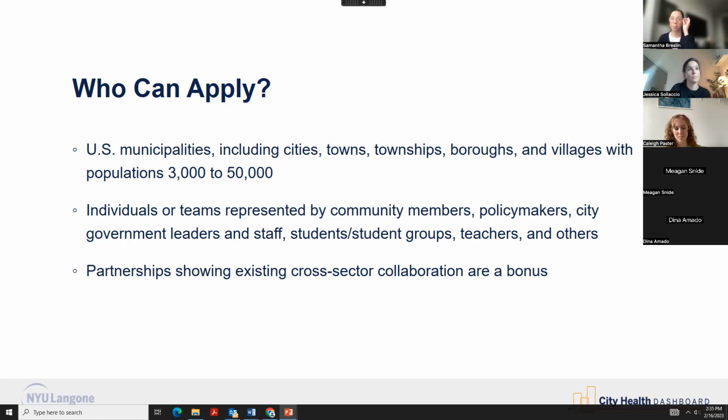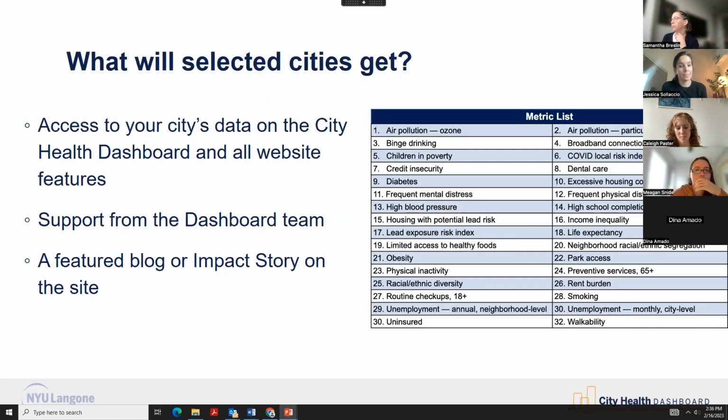We are not prescriptive on who can apply. And just to bounce off that, the existence of partnerships or cross-sectoral collaborations of how different groups could use the data once it goes live is always a bonus, but is not required.